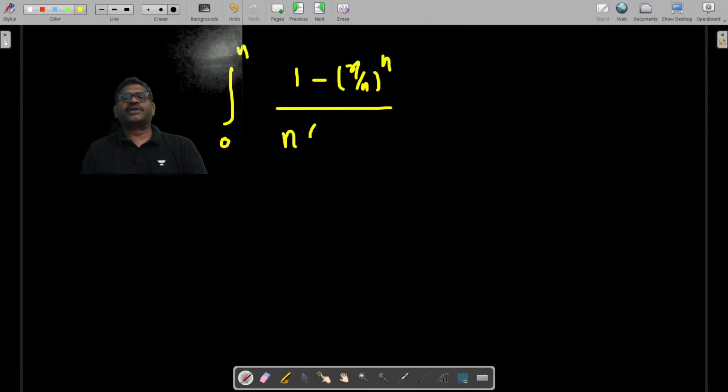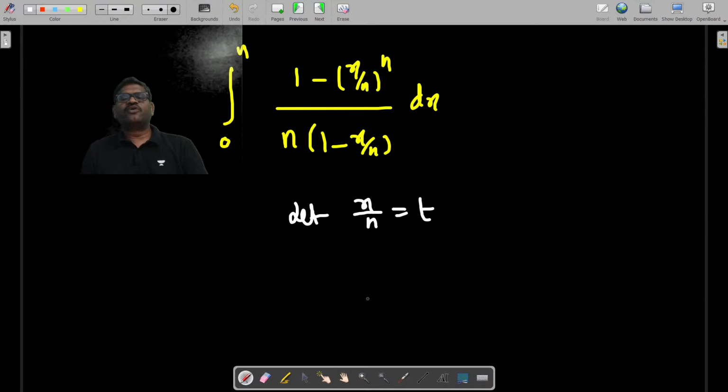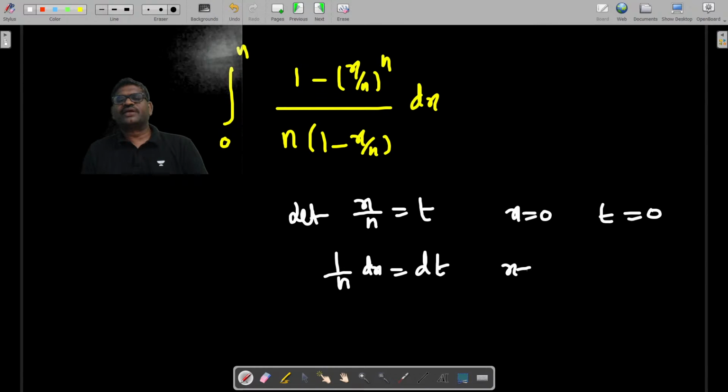If you take n common, you will get 1 minus x by n in the denominator. Now let us take x by n equal to t. Then 1 by n dx is dt. When x is 0, t is 0. When x is n, t is 1.